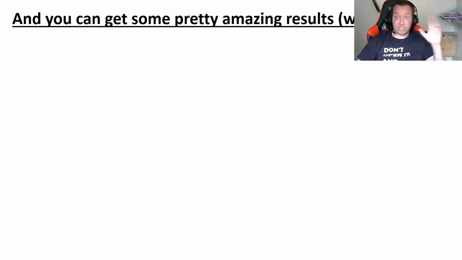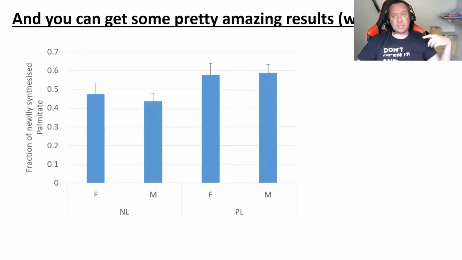So this result actually blew me away because I did a labeling experiment with deuterated water, and I decided to measure how much palmitate gets biosynthesized each day in the livers of mice. I put in deuterated water, and this is the fraction of newly synthesized palmitate, not the percentage.